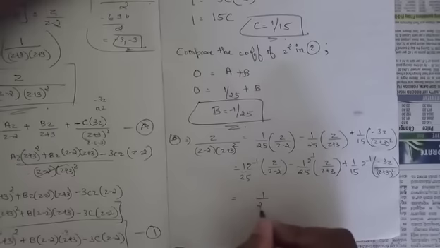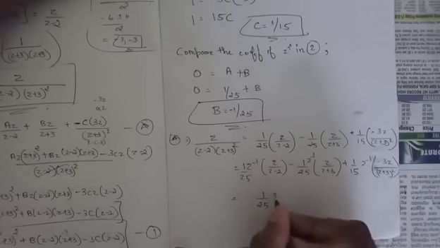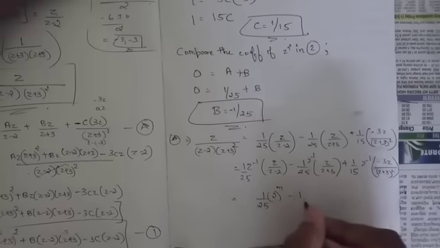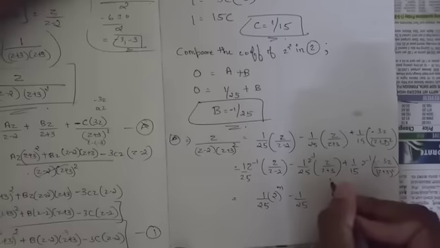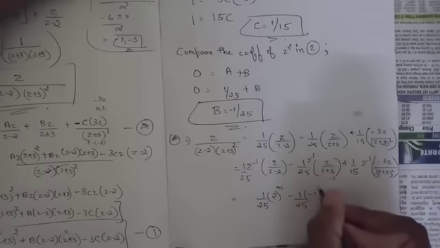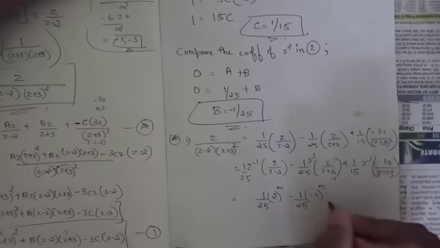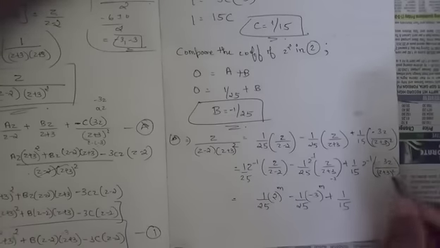So it is equal to 1 by 25 into 2 power n, minus 1 by 25, where the value of a is minus 3, power n, plus 1 by 15 into, this is of the form az divided by z minus a whole square, where the value of a here is minus 3, right?